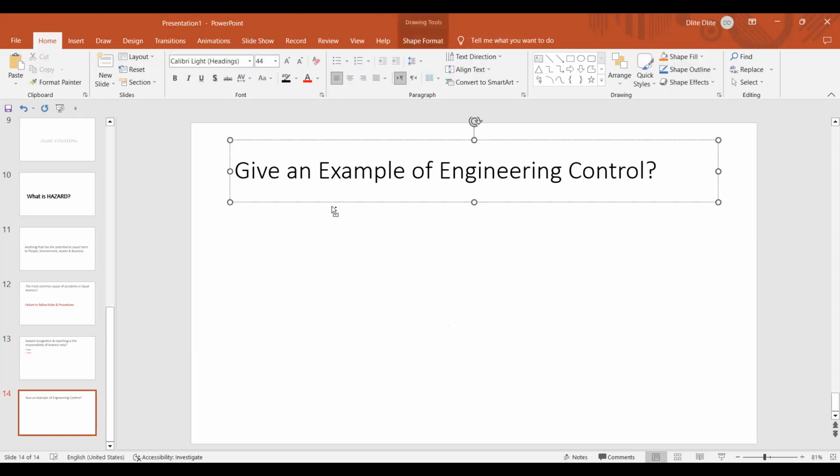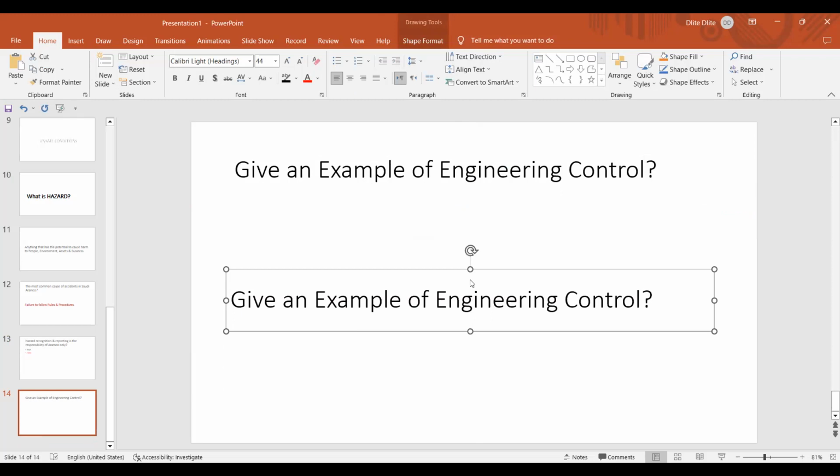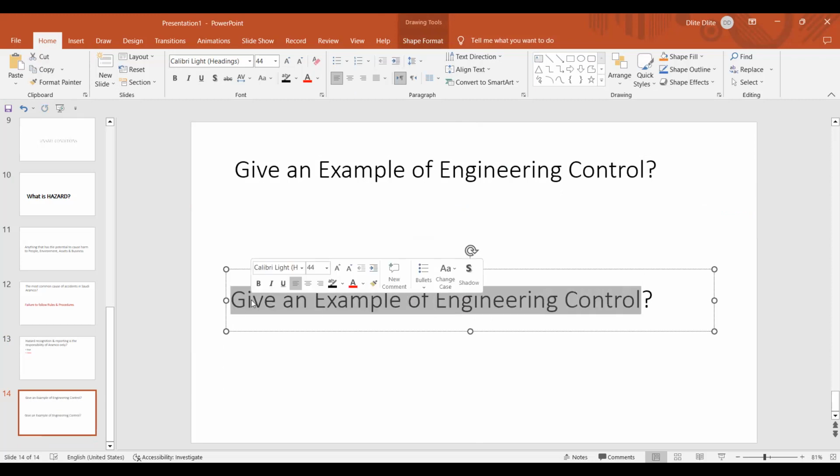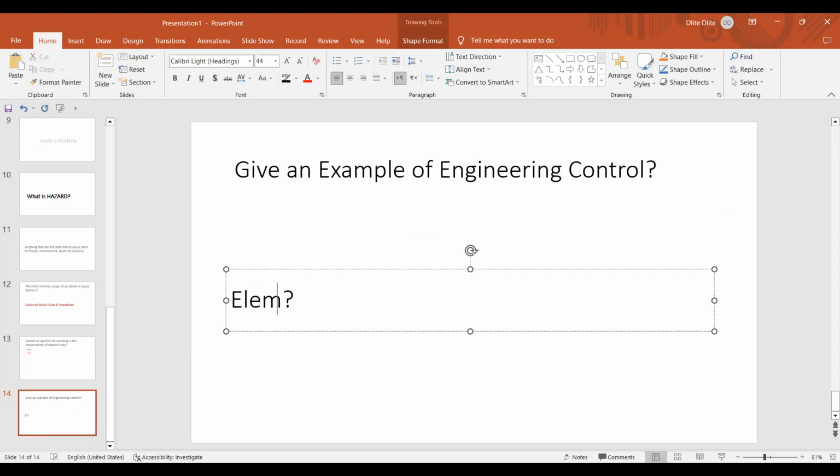What is coming to your mind, guys? In Aramco, the hierarchy of control is mentioned like what? Engineering controls, administrative controls, and PPE. But here he's asking for an example of engineering control. So can we take elimination as an example? Like elimination of hazard. That is an example of engineering control as per Aramco theories, right?